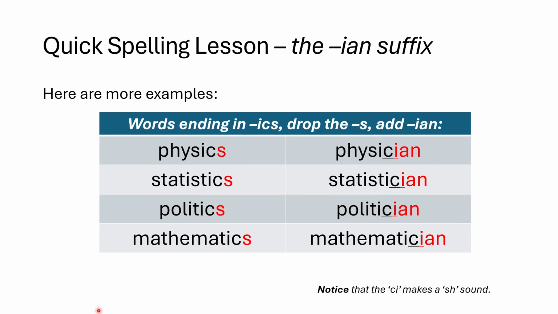When a word ends in ICS, drop the S and add IAN. I will read these words. I will pause. When I pause, you say the words.